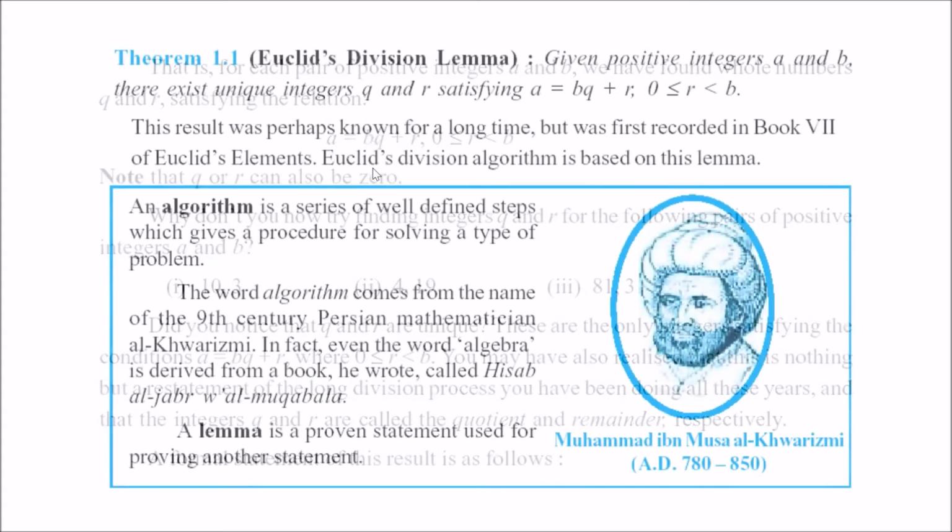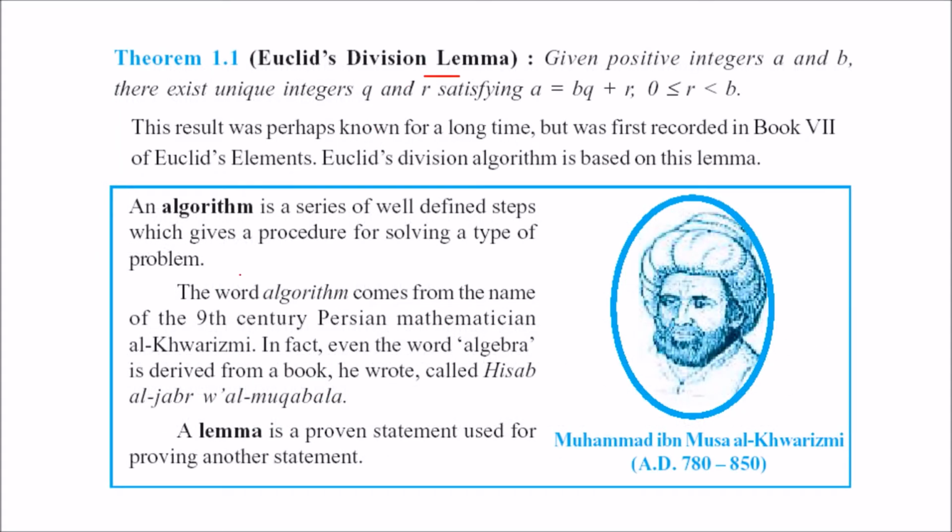So let us give a formal statement. This is a lemma. A lemma is a proven statement which is used to prove another statement, while an algorithm is a well-defined set of steps, or a procedure, to solve a particular problem.